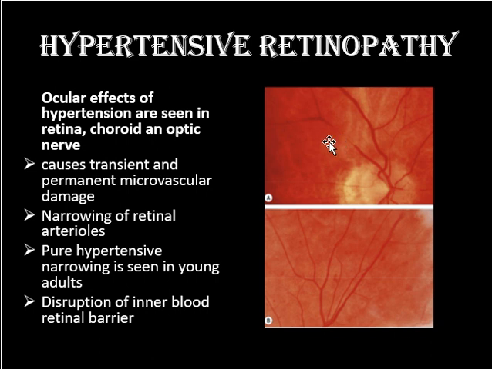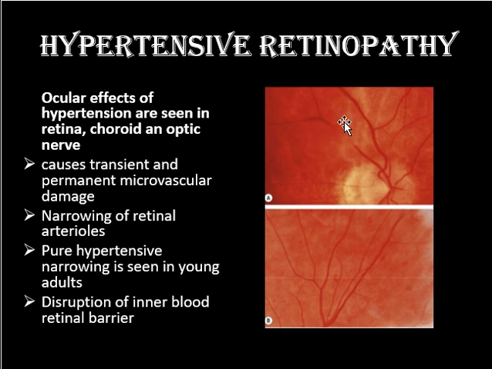In older patients, the vessels are getting narrower with age, so there is worsening of the arteriolar sclerosis. Overall, the hypertensive changes are superimposed on the process of involutional sclerosis.